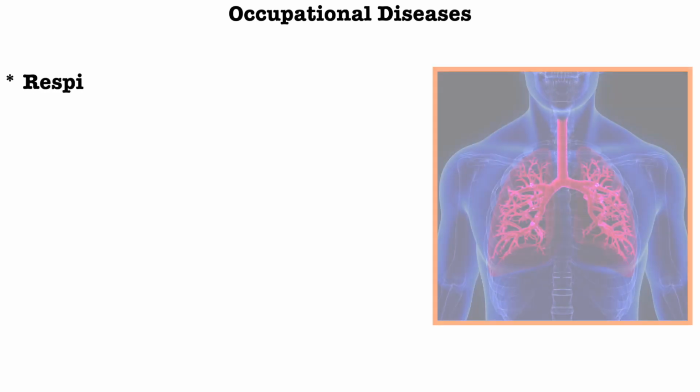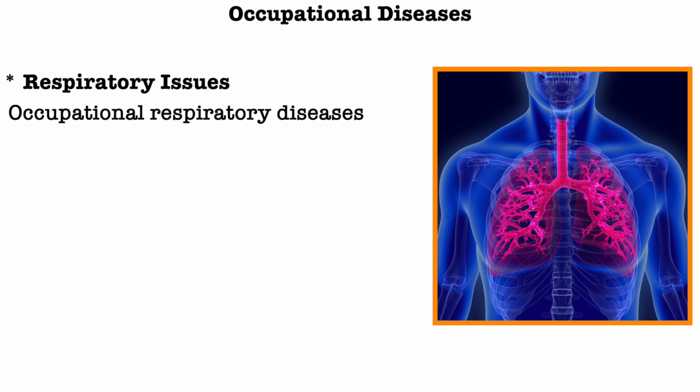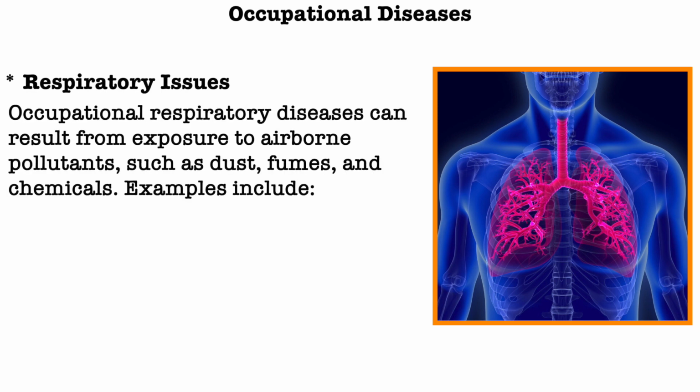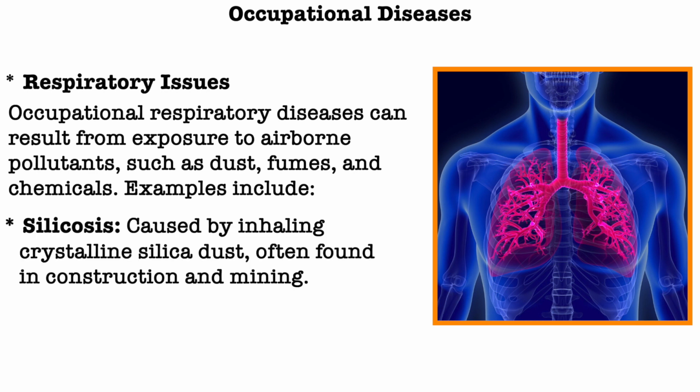Let's focus on a few common examples, such as respiratory issues. Occupational respiratory disease can result from exposure to airborne pollutants such as dust, fumes, and chemicals. These examples include a number of diseases, first silicosis. Silicosis is caused by inhaling crystalline silica dust often found in construction or mining workplaces.